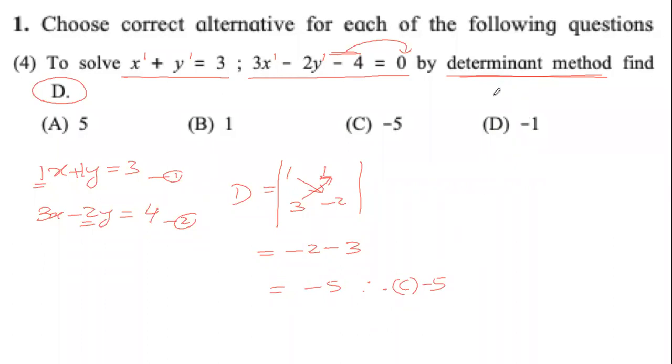And while we are solving this question, some of you should have asked me by now, sir, what will happen if I make equation 1 as equation 2 and equation 2 as equation 1? Let us see what happens. 3x minus 2y equals to 4 and x plus y equals to 3. If it is like this, will the value of D change? Let us see. D is now 3, 1, minus 2, 1.